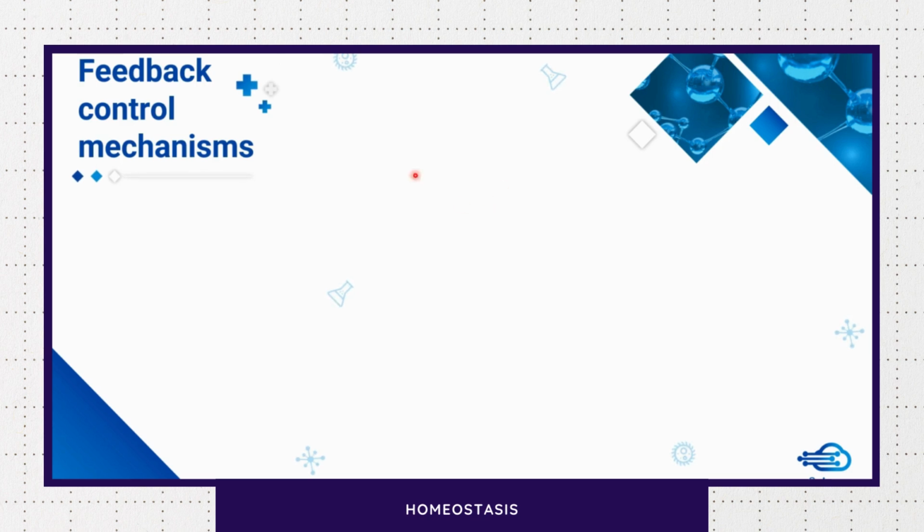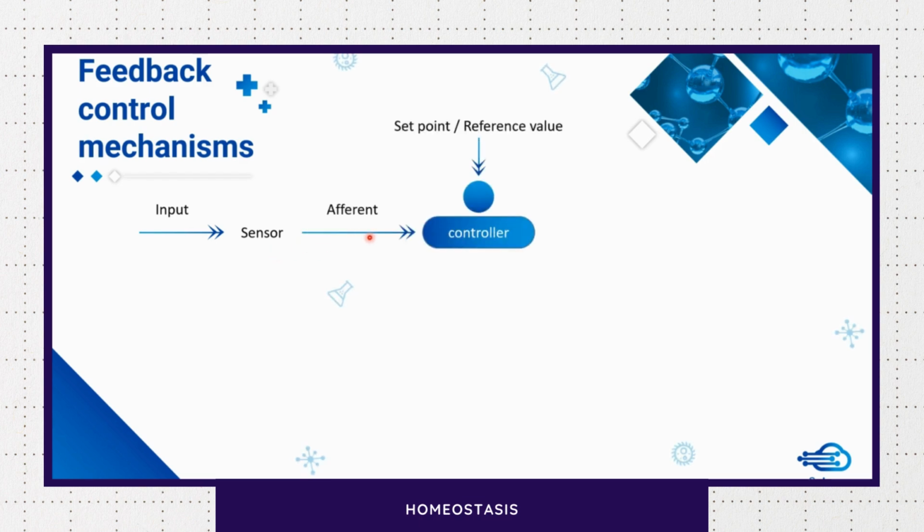First we will try to understand what the word feedback means. So this is the input, say suppose we were considering the temperature. Whatever the current value of the temperature is, it is sensed by the sensor and it goes via afferent to a control center, which compares this input which it has received with some set point or reference value and computes the difference between the two.